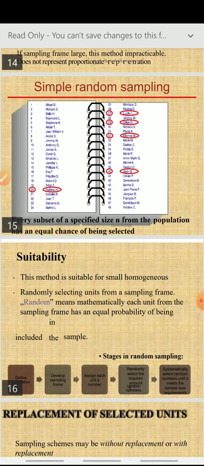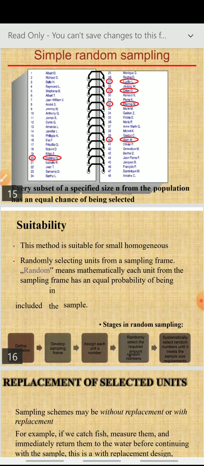For example, here you can see in this slide, simple random sampling is done by this method. Every subset of a specified size from a population has an equal chance of being selected. By any hit and trial method, we say the 20th element, 27th element, 29th element, 32nd element, 40th element.